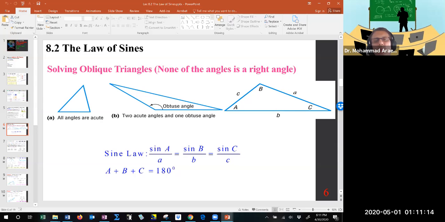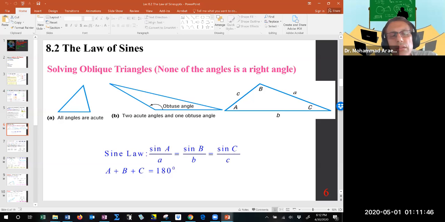An oblique triangle is a triangle where none of the angles is 90 degrees, or a right angle. There are different ways. It could be that all of the angles are less than 90 degrees, called acute angles. Or it could be that two of them are acute and one of them is more than 90 degrees, an obtuse angle.